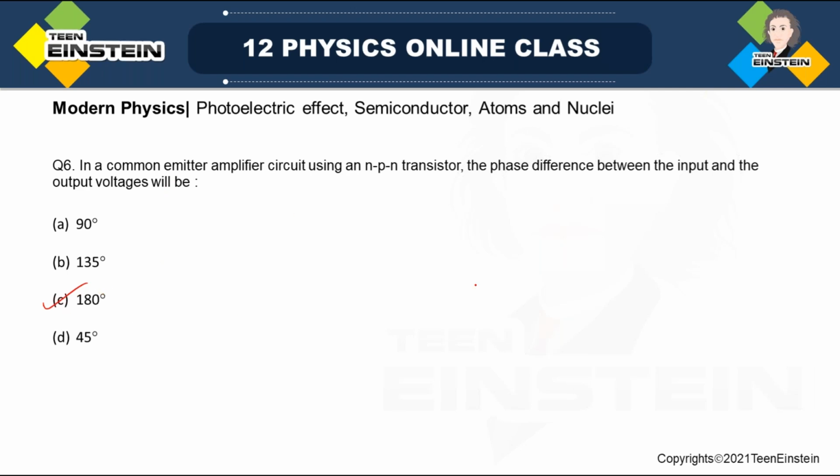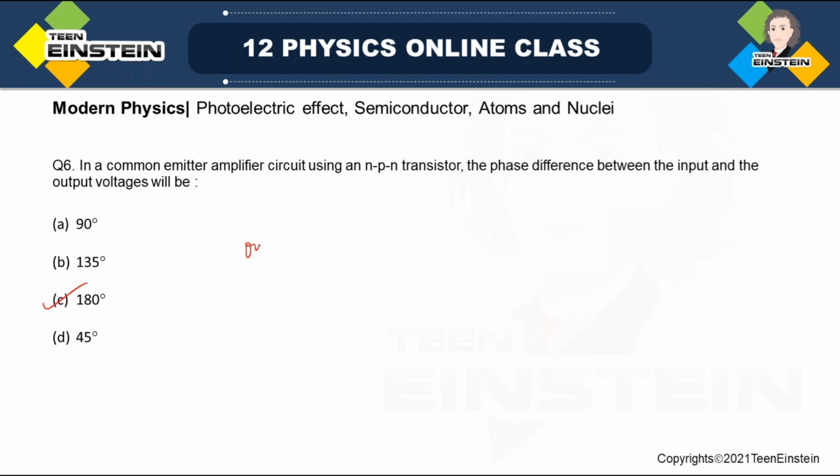Always in an amplifier circuit, you can amplify the voltage, but the amplified voltage or power will be in the opposite phase. There will be a 180 degree phase difference, 180 degrees out of phase.